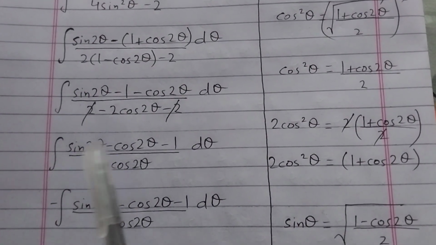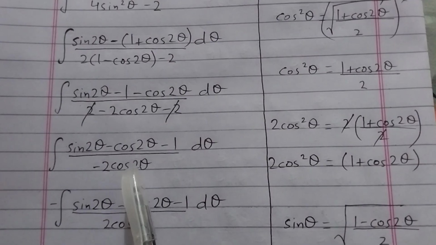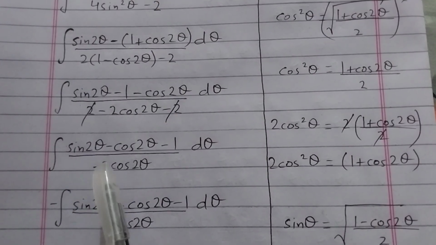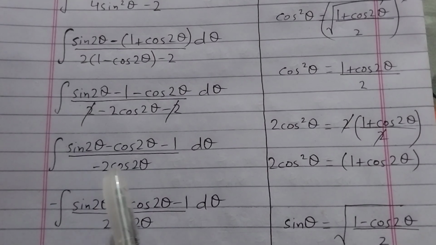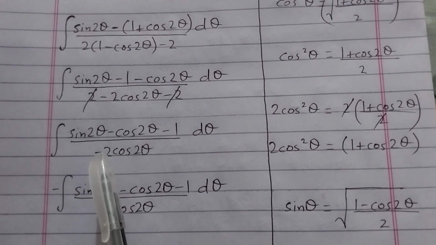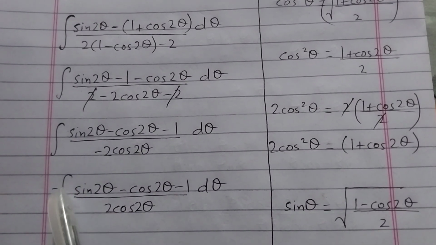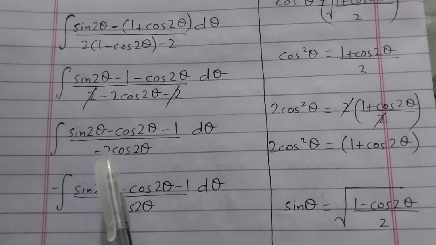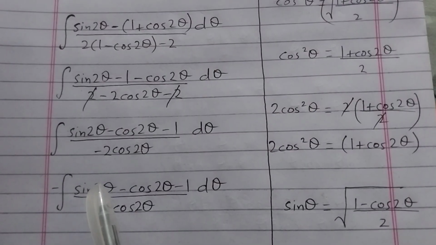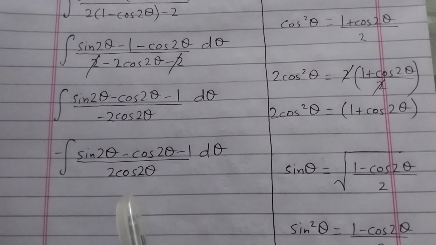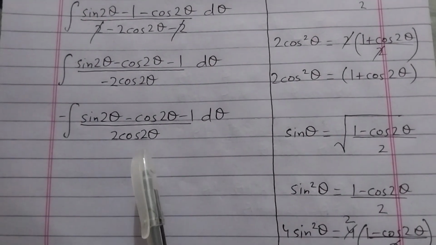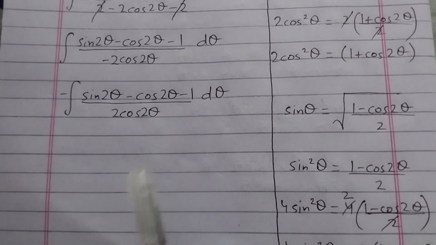So now we have our desired expression, because in the numerator we just have one term, and this will help us in exploiting the linearity property of the integration. So this negative sign, I'm moving it outside the integral, and the expression becomes sin 2 theta minus cos 2 theta minus 1 over 2 cos 2 theta, and we are integrating this with respect to theta.